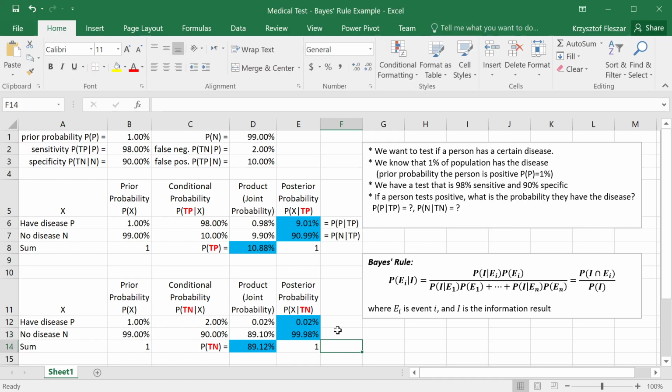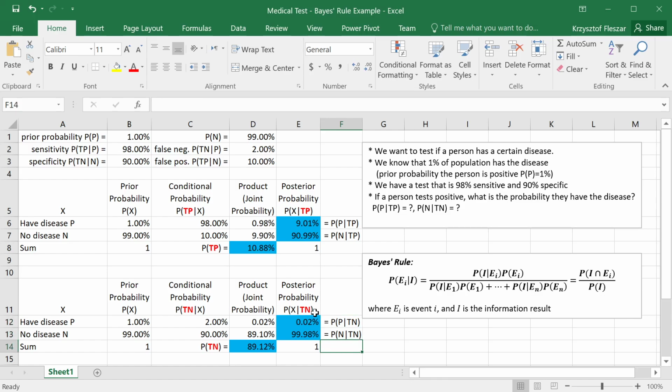If they test negative, what is the probability that they actually are negative? In this case, the test is very conclusive, right? We're almost 100% certain they actually don't have the disease, right? And this would be the probability that they do have the disease given they test negative.